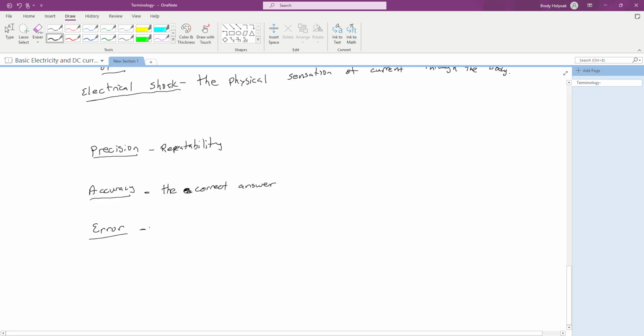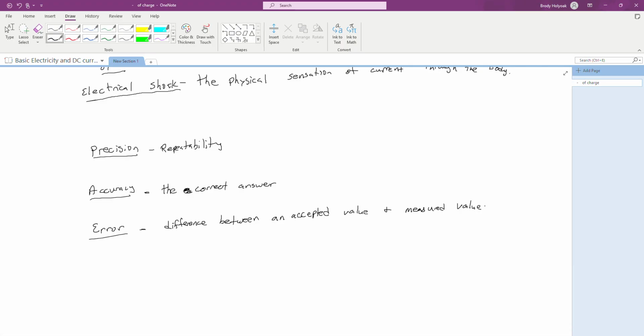And error, it's the difference between an accepted value and a measured value. Error is going to be determined mostly in lab, and we're going to be determining that by what we calculate should happen versus what actually happens.